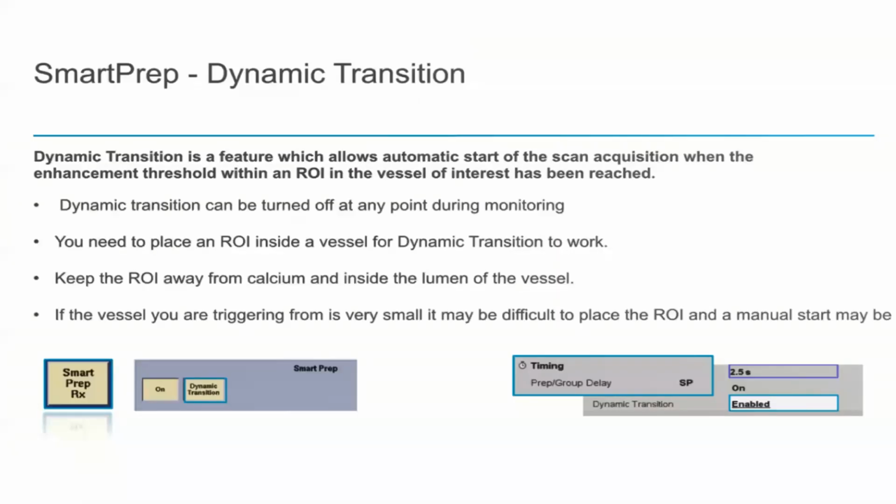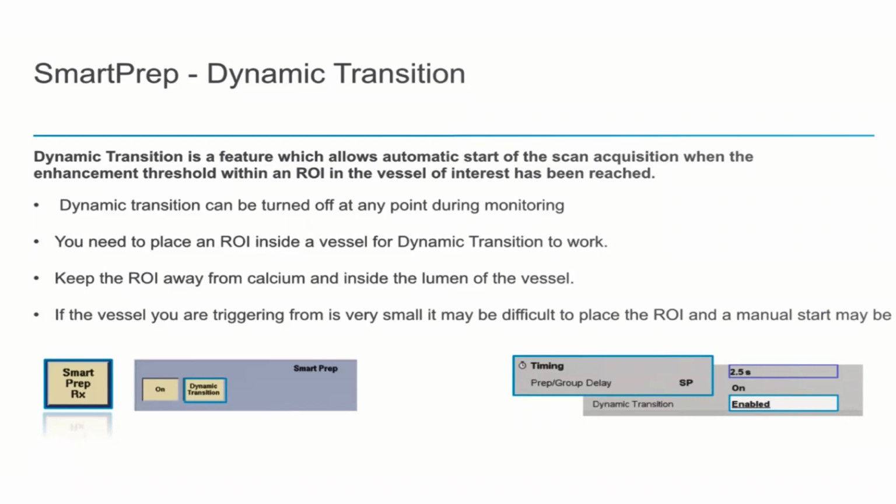So let's talk about dynamic transition. Dynamic transition is a feature that allows the scanner to automatically start the acquisition when the enhancement threshold is reached. The operator can choose if they want to use this feature or start the scanner manually.